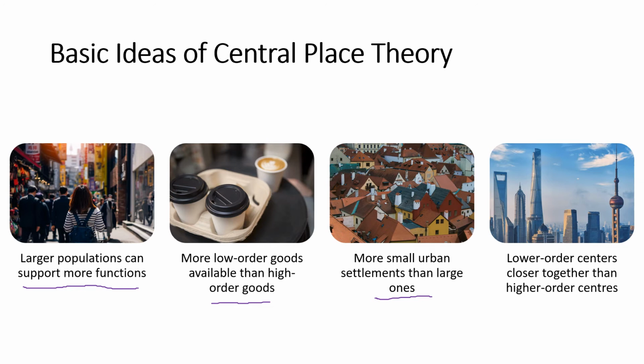Then the final finding or idea of central place theory is the spacing of these things. So a low order urban center would be much closer together than a higher order center, which is the same analogy as my shop.